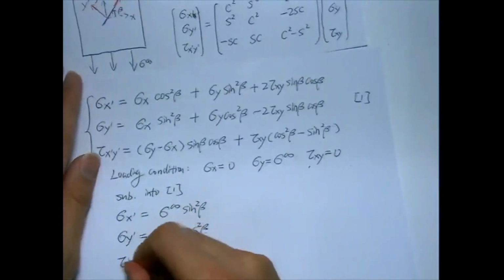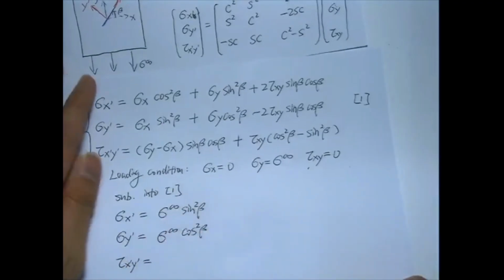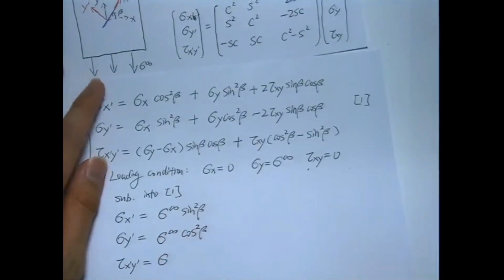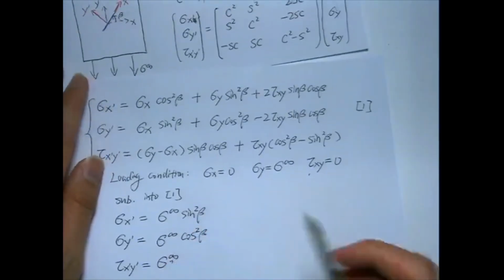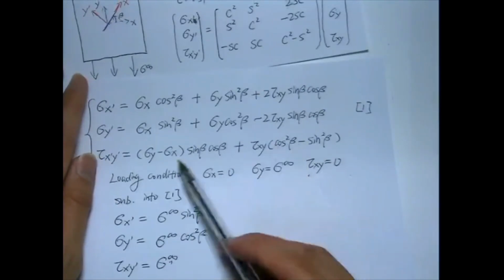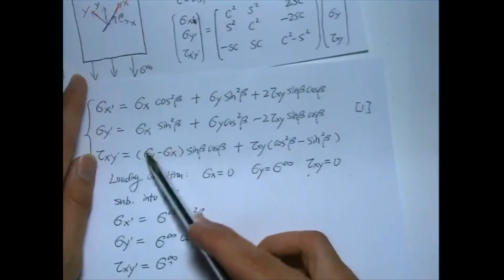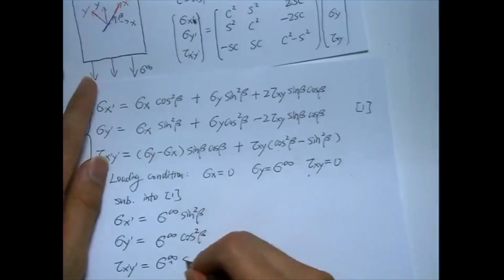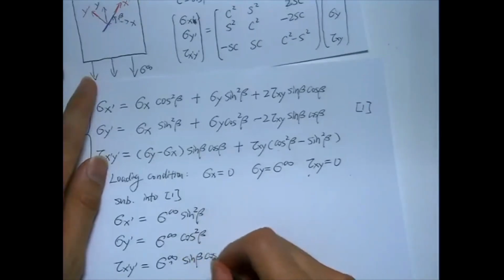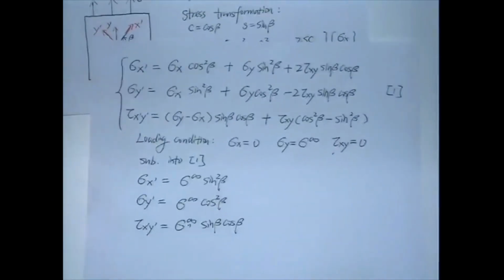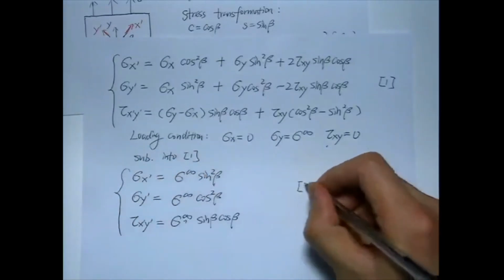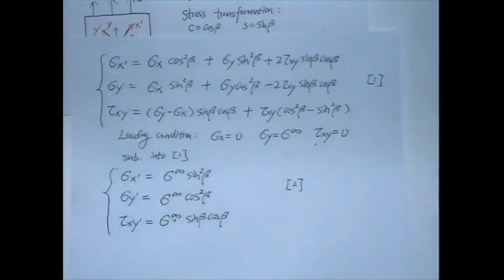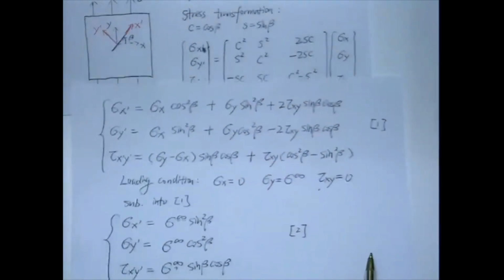And tau xy in the transformed coordinate system is, we cancel that part, and only sigma y sine beta cosine beta is left. So that's the transformed stress. You just do some linear algebra, you get that.